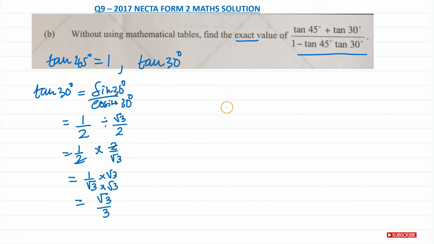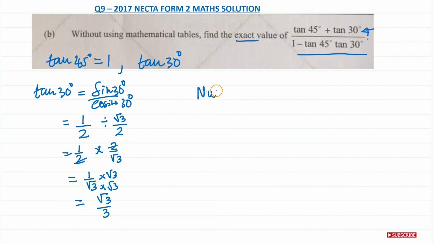So what I'm going to do now is find what the numerator would be, because if you try to do this all in one go, you might end up with some mistakes along the way. So let's just take the numerator, which is the top part of the fraction.